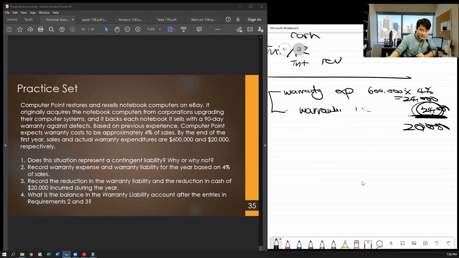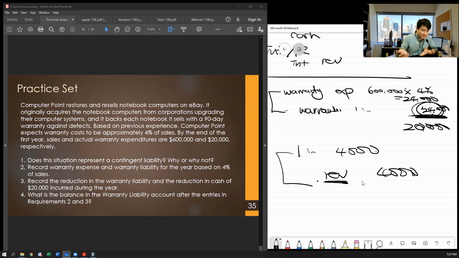The remaining 4 depends on whether more customers claim the warranty or not. But if the warranty expires without any claims, you're going to debit the warranty liability 4,000, and you're going to report the warranty revenue of 4,000.